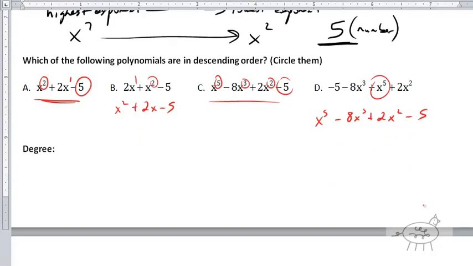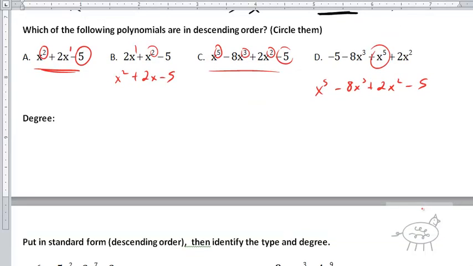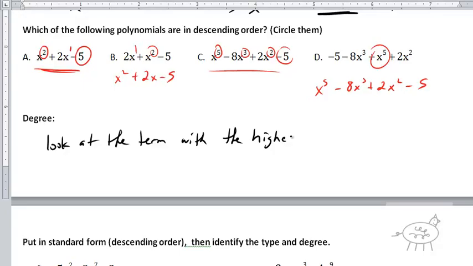Okay? All right, degree is, what you do is you look at the term with the highest exponent. Okay, you look at the term with the highest exponent.